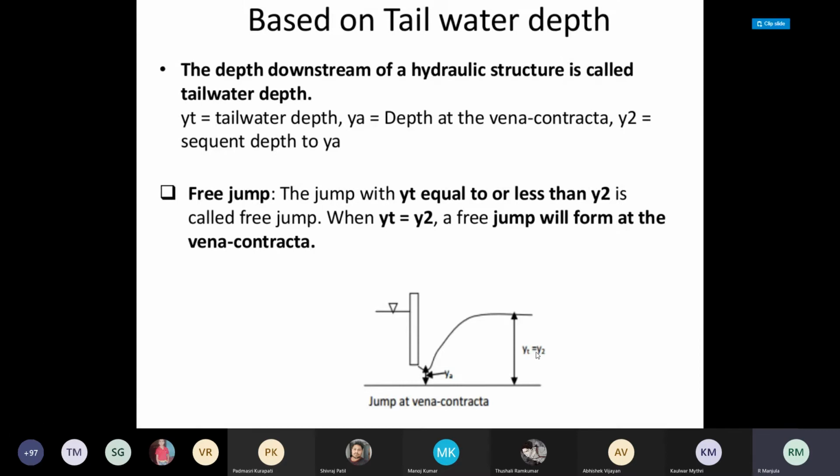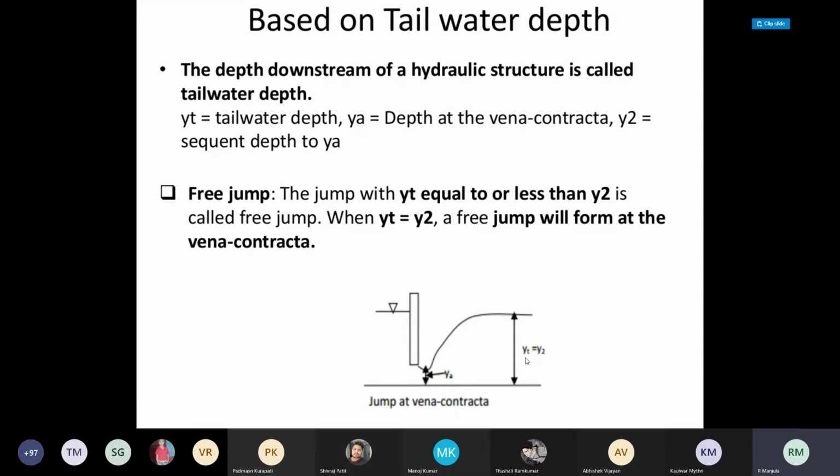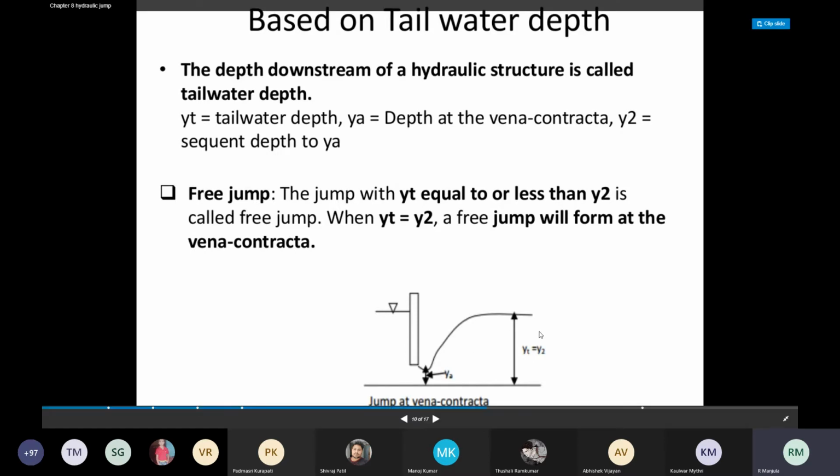The jump with YT equal to or less than Y2 is called a free jump. When YT is less than or equal to Y2, it is called a free jump. When YT is equal to Y2, a free jump will form at the vena contracta.